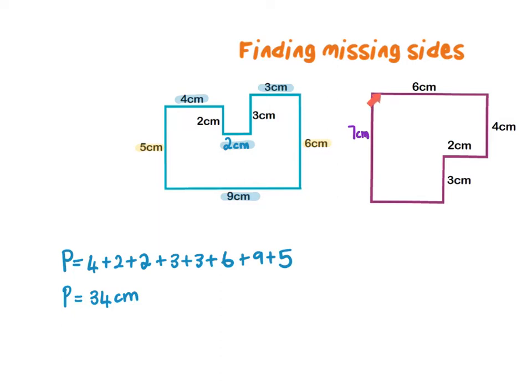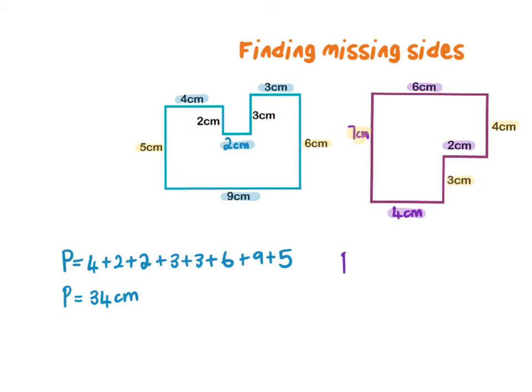If we now also look at the top being 6 centimeters and this little bit over here being 2, it means that the missing side at the bottom must be 4, since 4 centimeters and 2 centimeters together gives me 6. Let's just quickly recap that. 4 centimeters and 2 centimeters gives me 6 centimeters, and 4 centimeters and 3 centimeters gives me 7 centimeters.